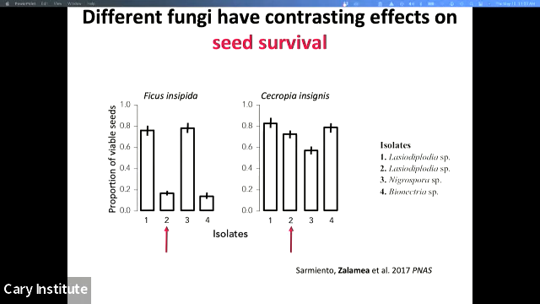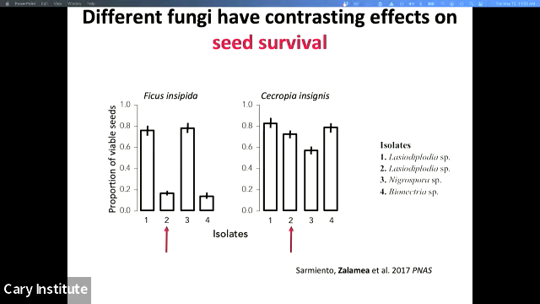That proportion was corrected by controls. So if this bar is equal to 1, that means that the seeds that were inoculated with a fungal strain germinated or survived equally well as controls. If that bar is lower than 1, that means that the inoculation killed the seeds.